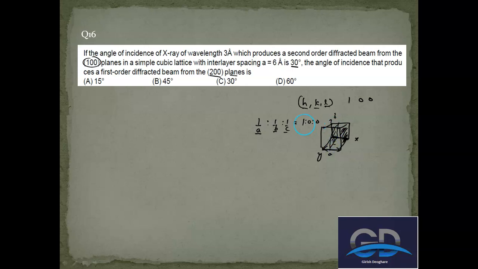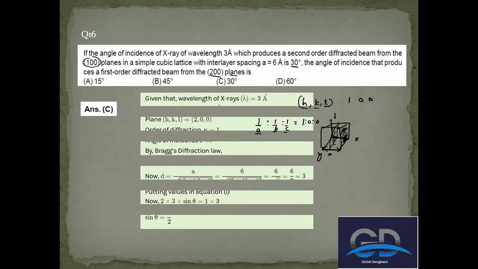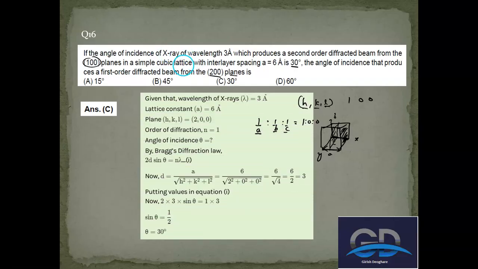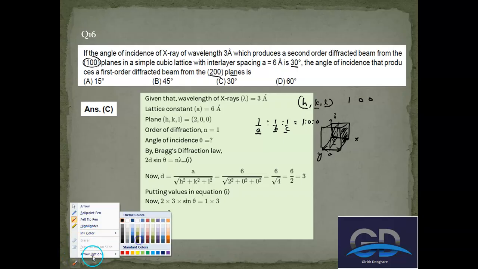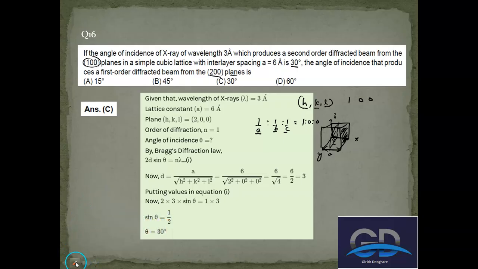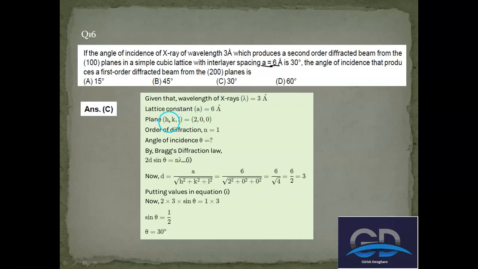So this question is based on Bragg's law. The wavelength of the X-ray is given as 3 angstroms. The lattice constant a, the interlayer spacing, is given as 6 angstrom, right? And hkl for the plane for which we have to find the angle of incidence is the 200 plane.